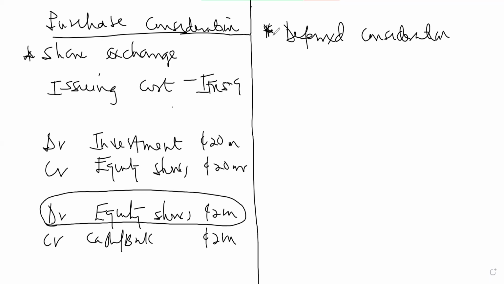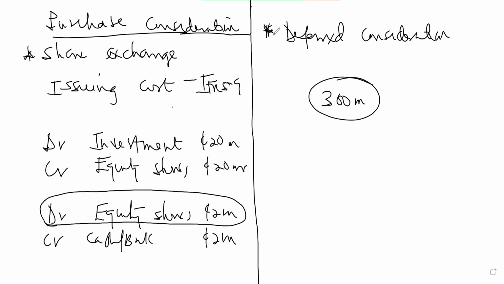If you are paying 300 million in 3 years' time, you are not buying the shares for 300 million. You are paying 300 million because you are not paying on the day that you purchase the shares. You are paying in 3 years' time, so the people have factored in the time value of money, and you are now going to pay interest on that amount. That is why you are paying 300 million.